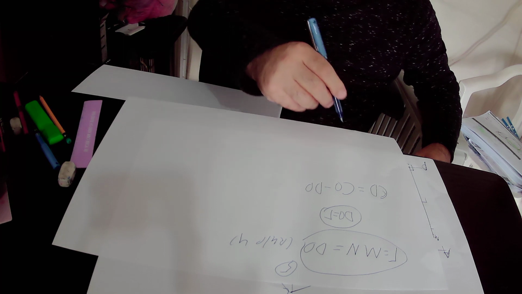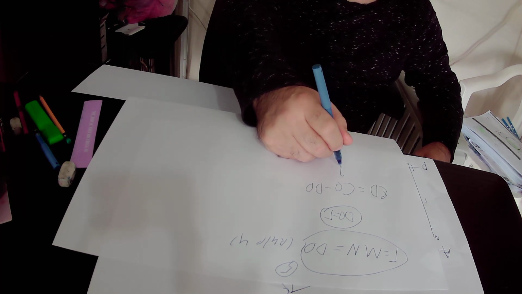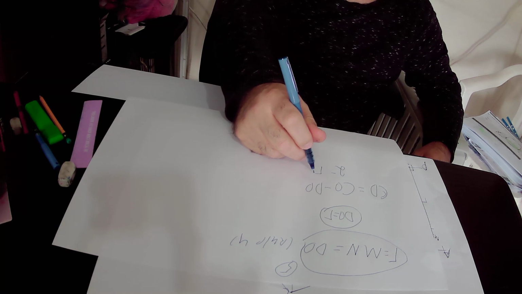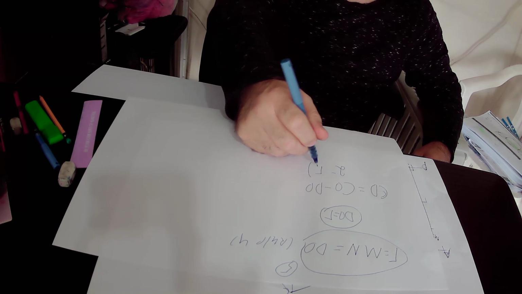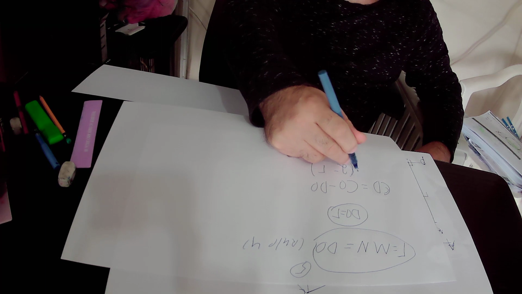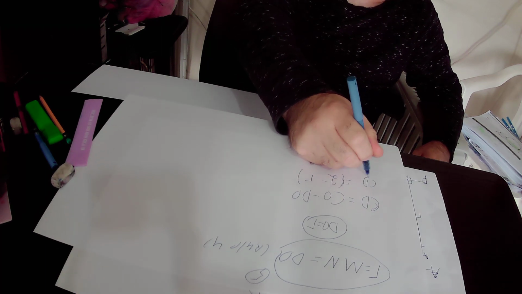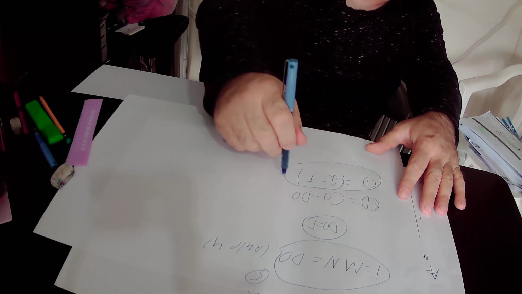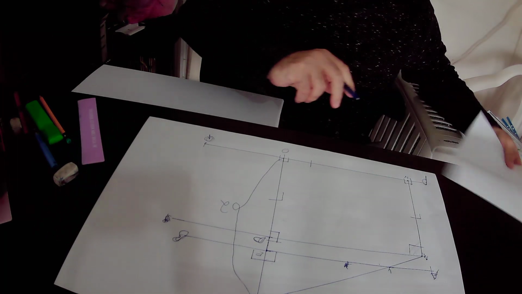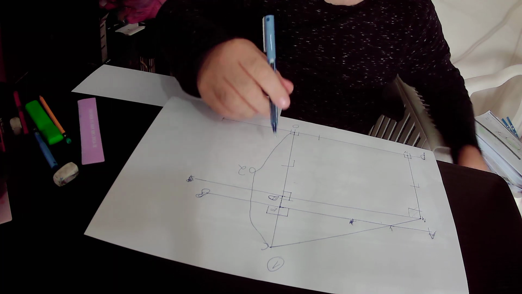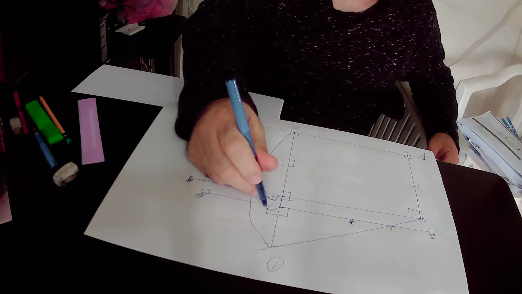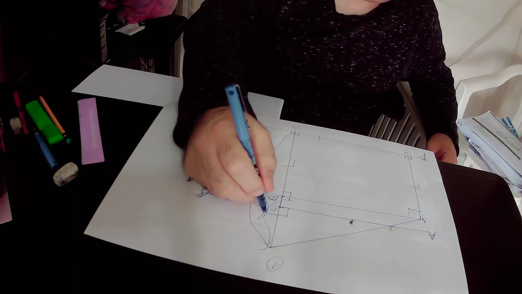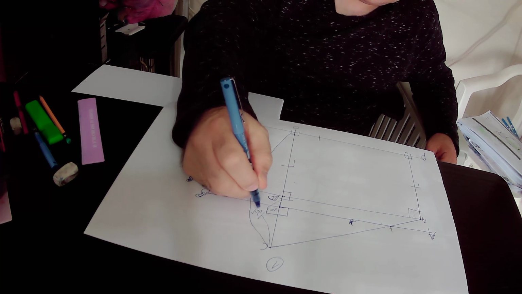But we know that CO equals 2 units, the radius of the middle circle, and DO equals R, the radius of the small circle. So in total, we found out that CD equals 2 minus R. You can write here that this line segment CD equals 2 minus R.